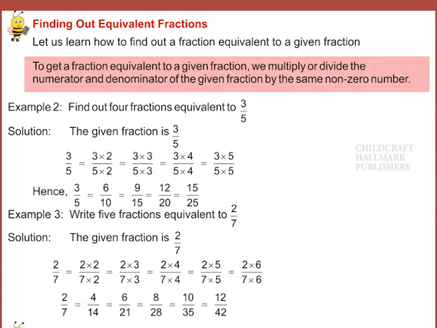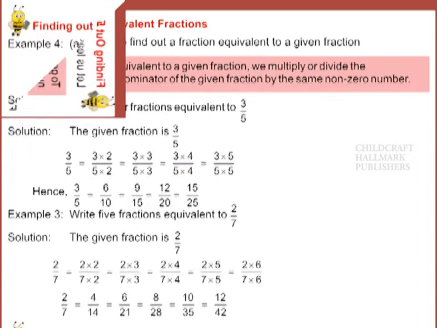The given fraction is 2 by 7. 2 by 7 is equal to 2 into 2 by 7 into 2, is equal to 2 into 3 by 7 into 3, is equal to 2 into 4 by 7 into 4, is equal to 2 into 5 by 7 into 5, is equal to 2 into 6 by 7 into 6. 2 by 7 is equal to 4 by 14, is equal to 6 by 21, is equal to 8 by 28, is equal to 10 by 35, is equal to 12 by 42.